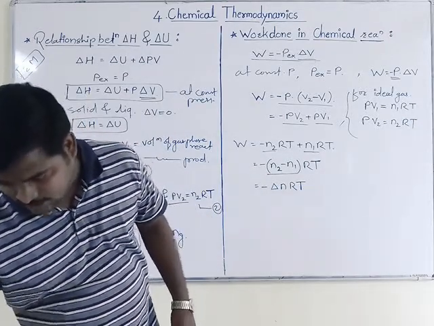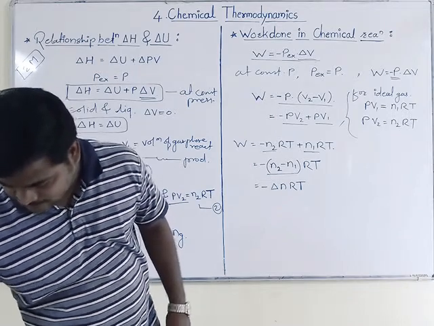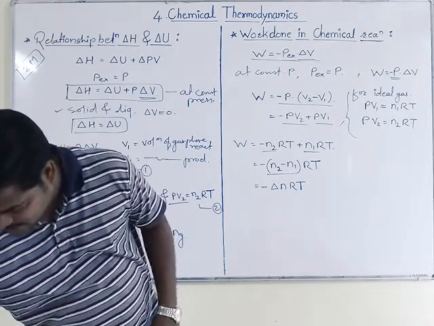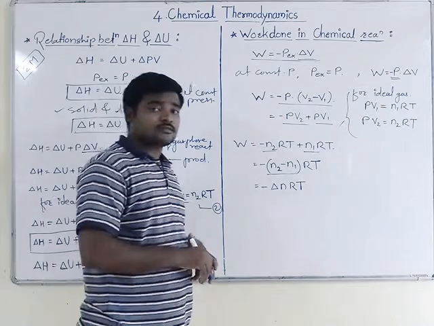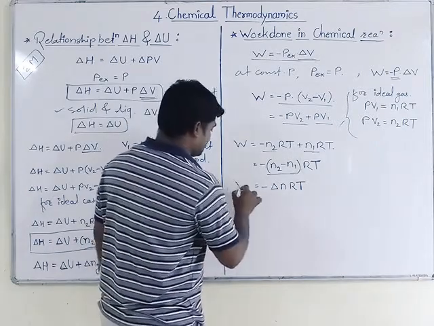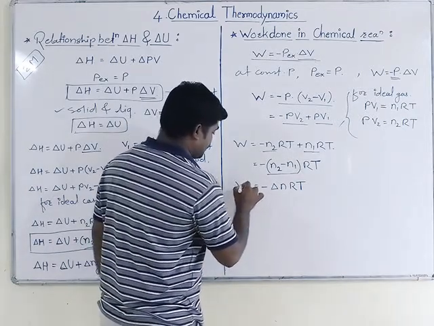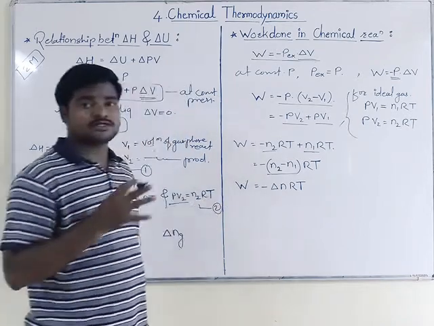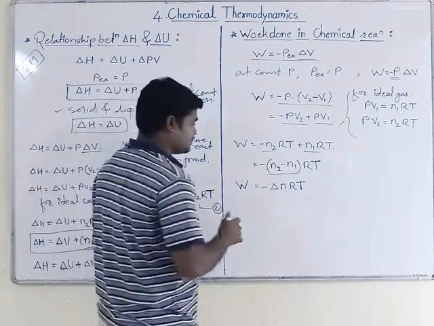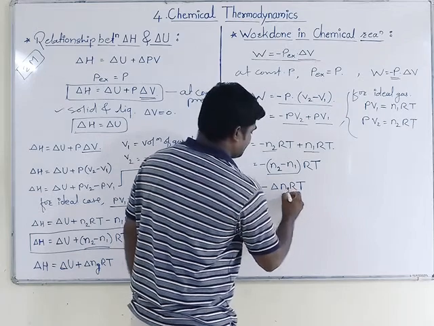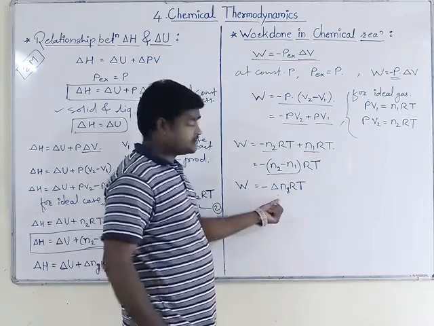Here we consider three cases in which work will be positive, negative, or zero, or constant. All these terms we will study here. I will make some changes in this equation.